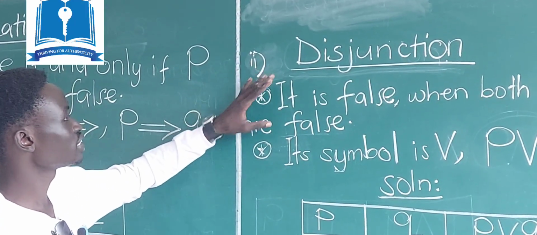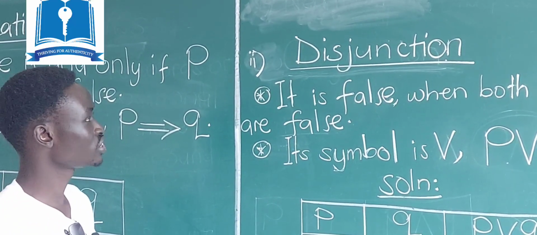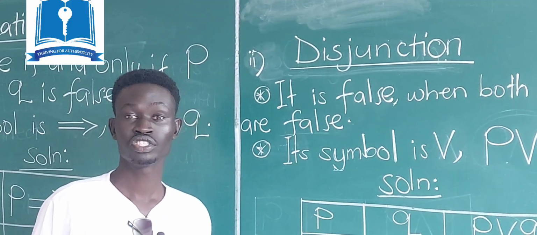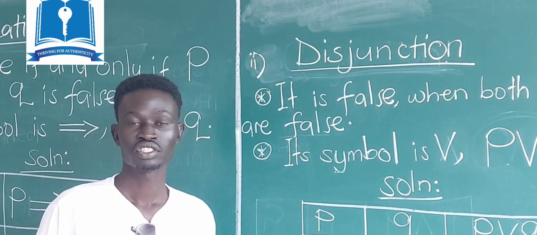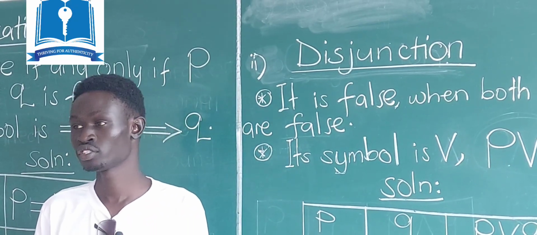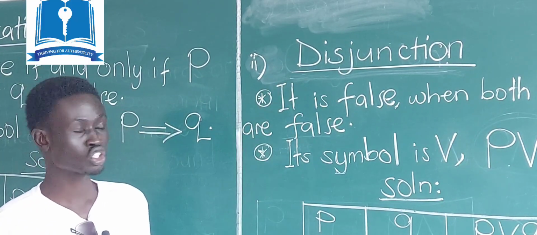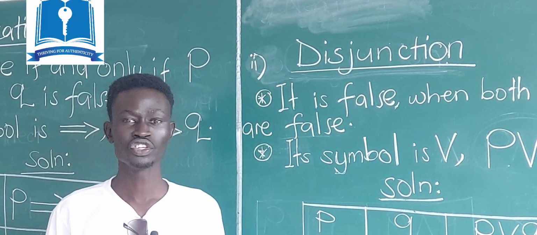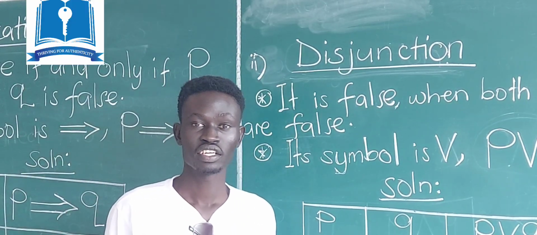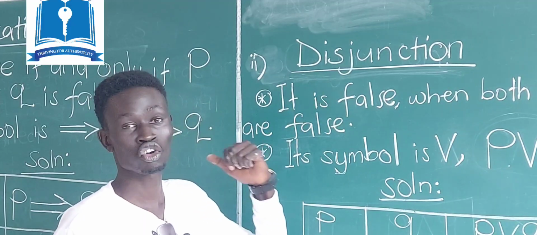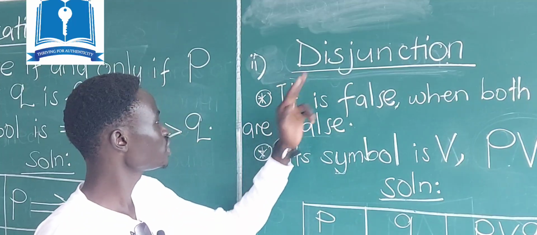So student, this is the second logical connective, which is disjunction. Disjunction is just the opposite of conjunction. So when you know how to use conjunction, the work of disjunction will be very simple for you. It is the opposite of conjunction, the first logical connective.